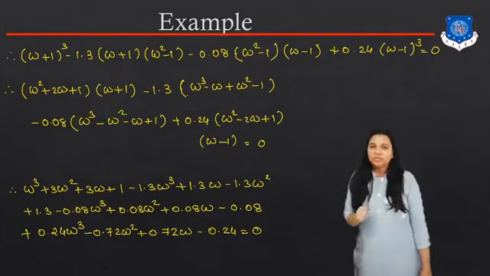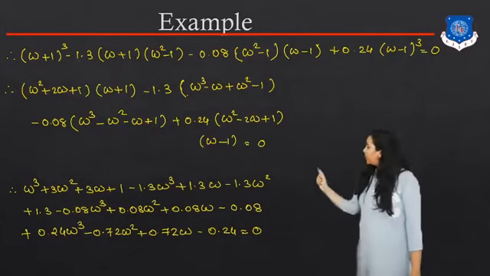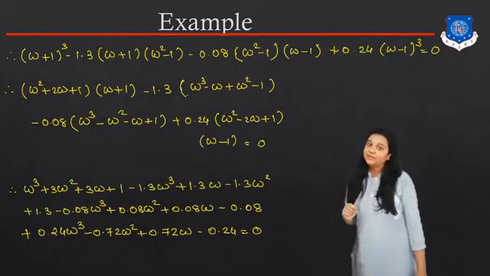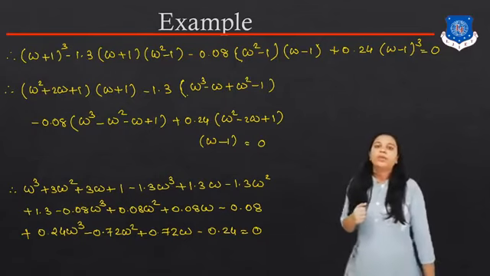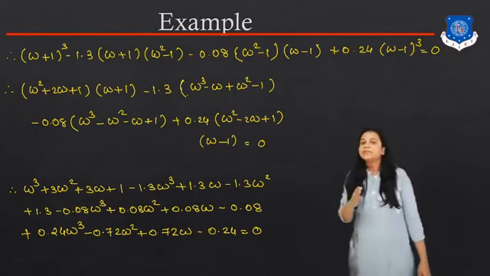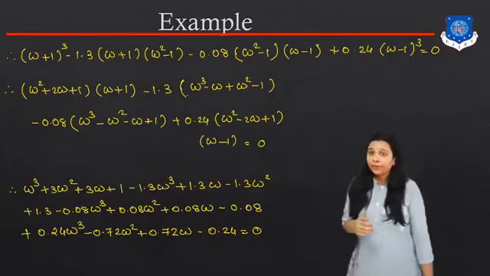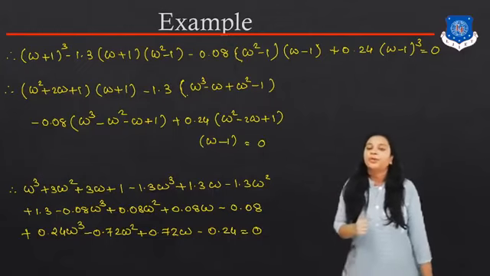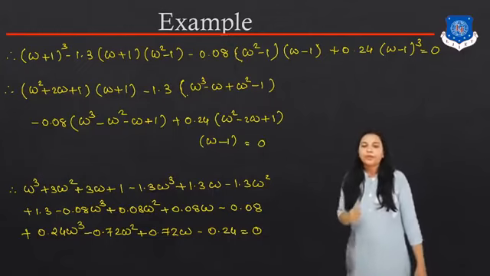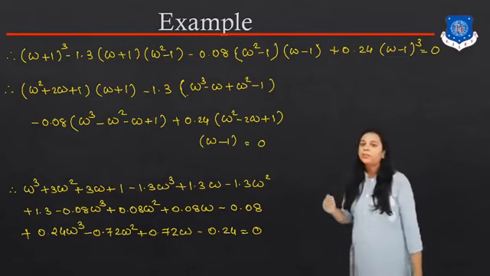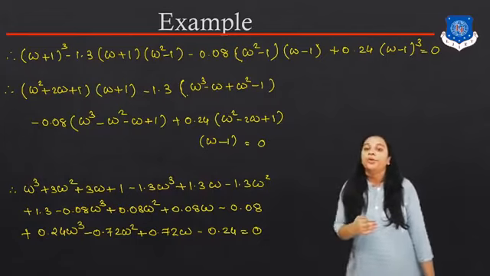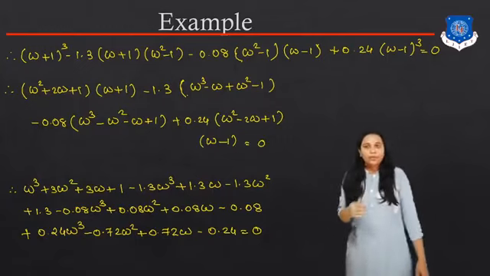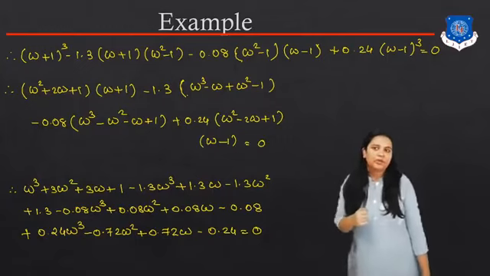Now multiply the constant terms. We get omega cube plus 3 omega square plus 3 omega plus 1, minus 1.3 omega cube plus 1.3 omega, minus 1.3 omega square plus 1.3, minus 0.08 omega cube plus 0.08 omega square plus 0.08 omega minus 0.08, plus 0.94 omega cube minus 2.82 omega square plus 2.82 omega minus 0.94, equal to 0.